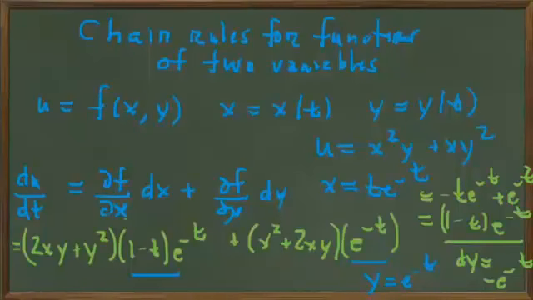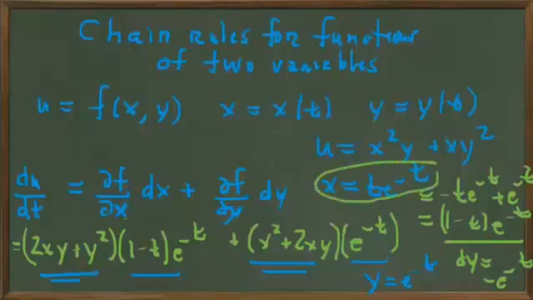Now the next thing that we need to do is take this expression here and this expression here, which are in terms of x and y, and transform them into the variable t using the fact that x equals this and y equals this. So we're going to do that on the next blackboard.